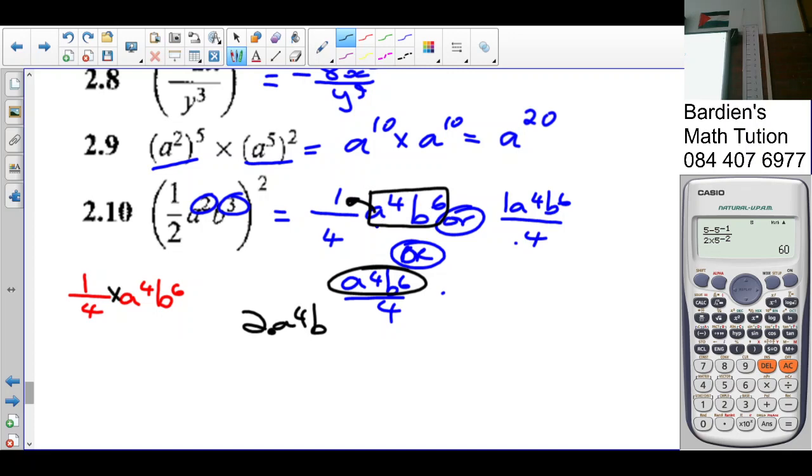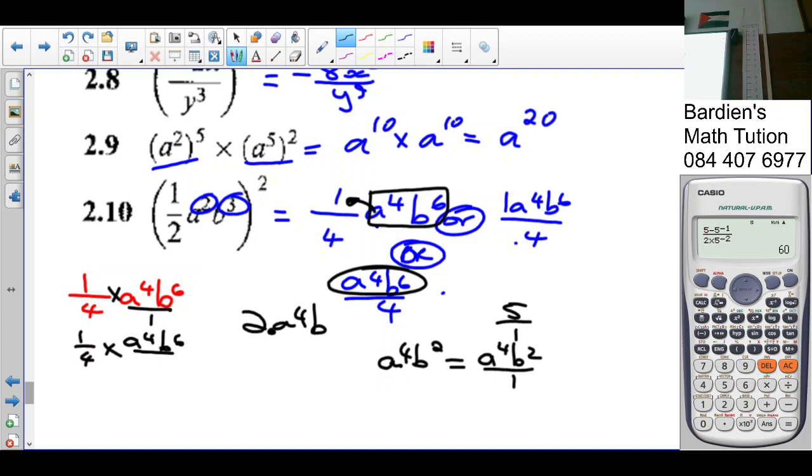Multiplication. So if I write a 5, then it's 5 over 1. If I write A4, B squared, that would be A4, B squared over 1. So if I put this over 1, it's going to be a quarter times A4, B6 over 1. And if I multiply, nothing can cancel. So that's how I get A4, B6 over 4. That's why that variable will never be at the bottom, if it's next to it.